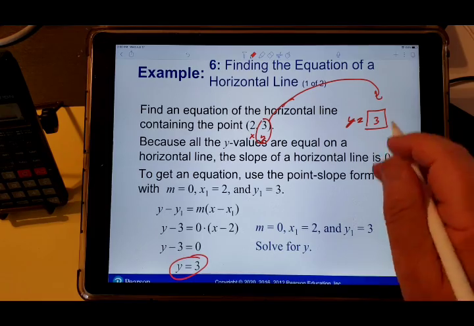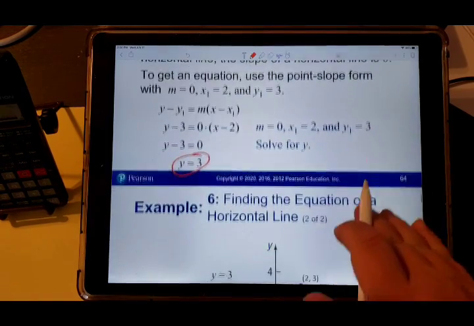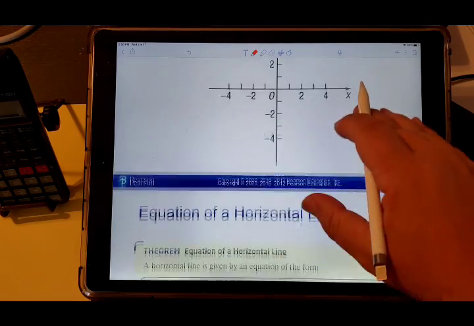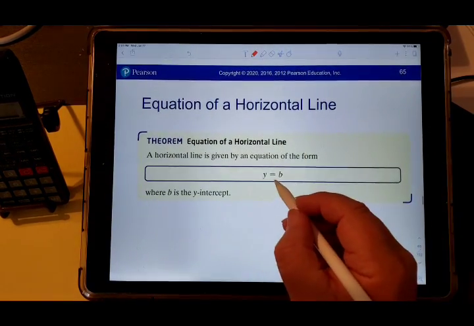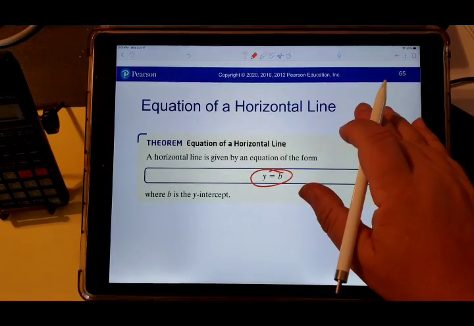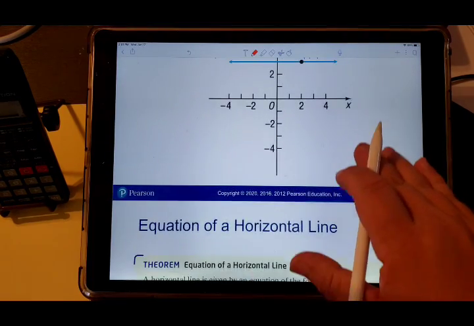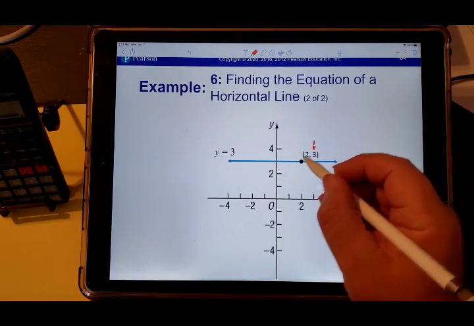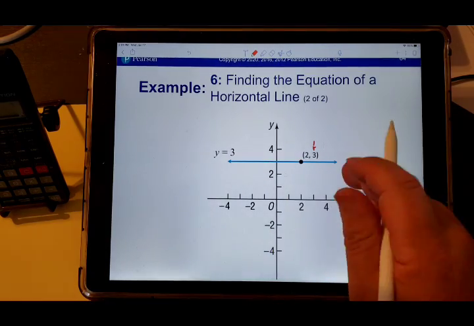So it would just be y equals 3. In other words, I think we would have known it was y equals 3 from what we're about to talk about. All right. They tell us y equals b is the equation of a horizontal line. And if you know the y value once, it's going to be that y value for the entire horizontal line.